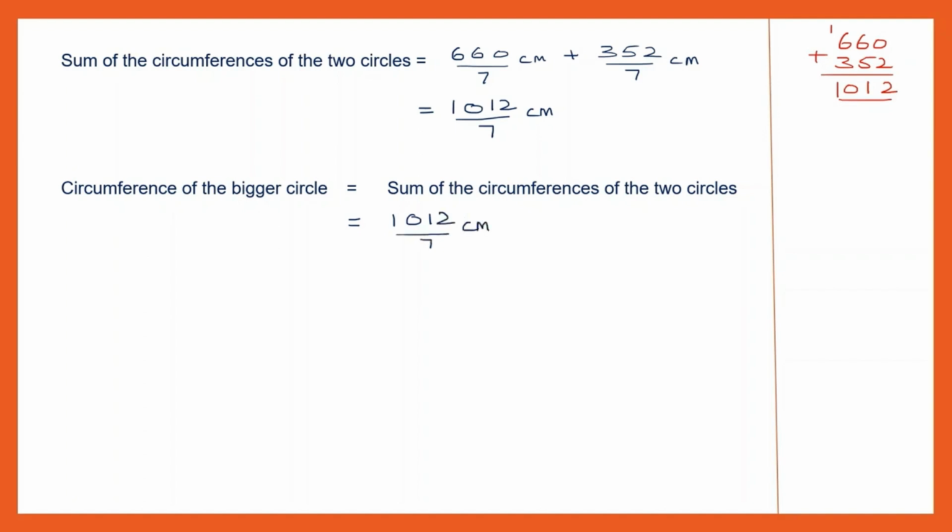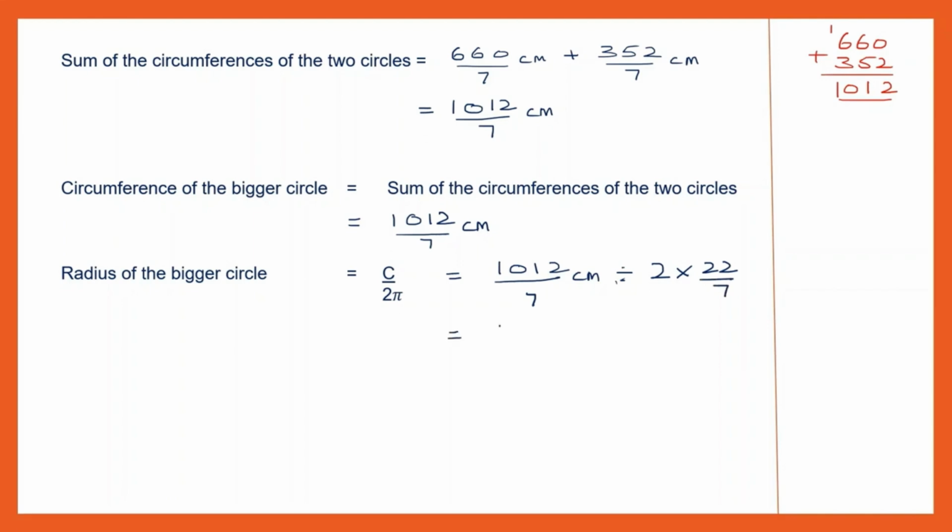Now we have to find the radius of this bigger circle. So let's do that now. So the radius of the bigger circle, to find it, we're going to use the formula circumference by 2 pi. So circumference is 1012 by 7 centimeters divided by 2 pi. That means divided by 2 into pi, which is 2 into 22 by 7.